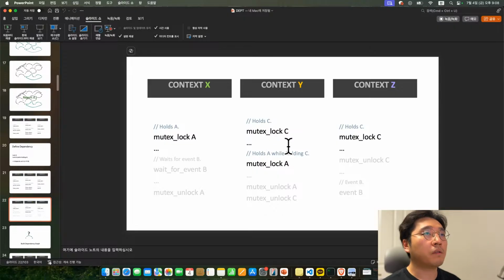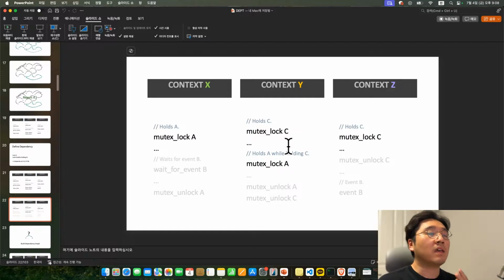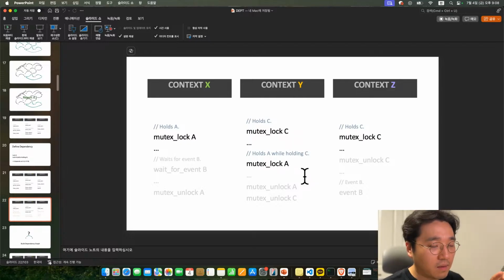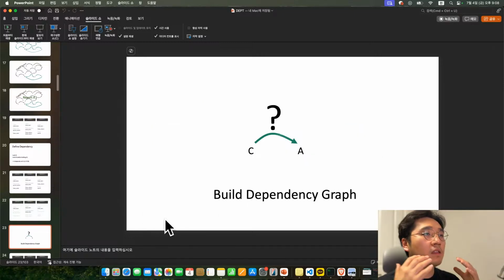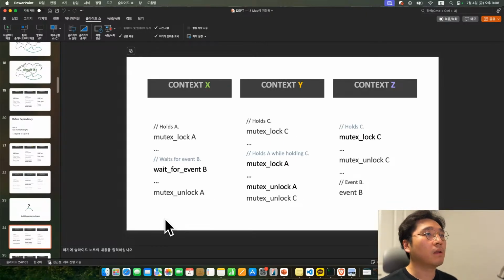So context Y holds lock C, and wants to hold lock A, right? So this makes an arrow from C to A at this point, right?